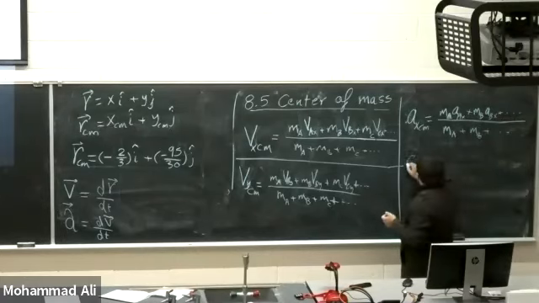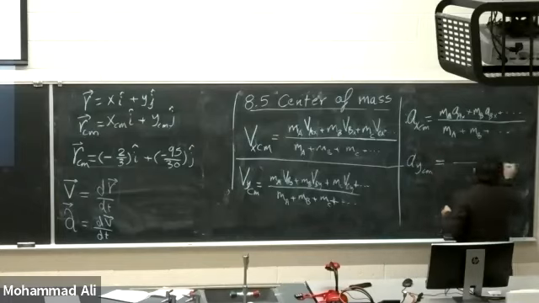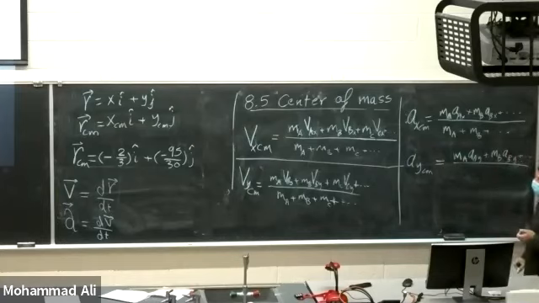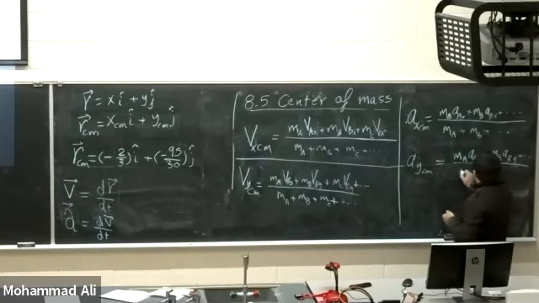Also the acceleration in y direction for the center of mass is equal to the mass A multiplied by its acceleration in y direction plus mass B multiplied by its acceleration in y direction plus and so on if we have more than two objects, over the masses.